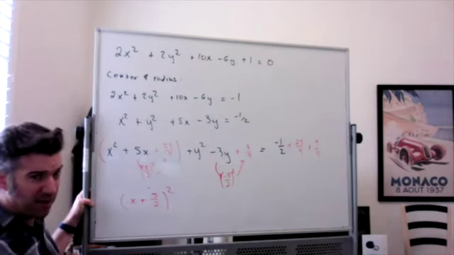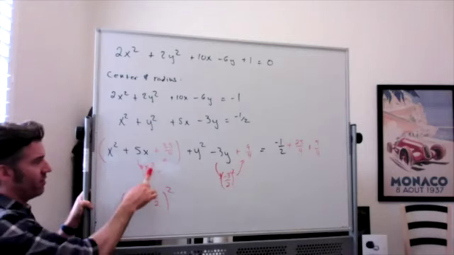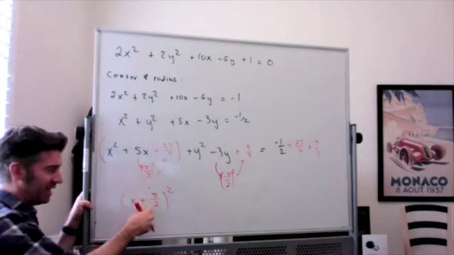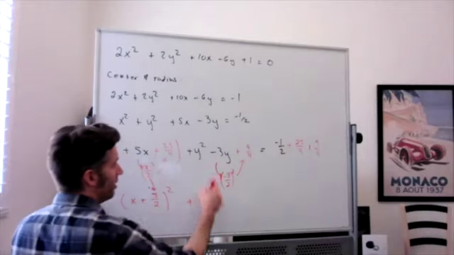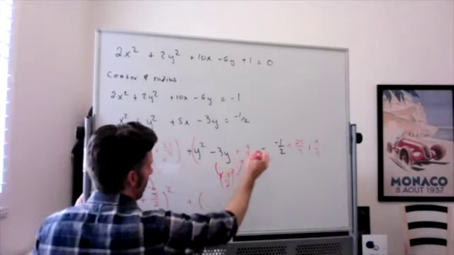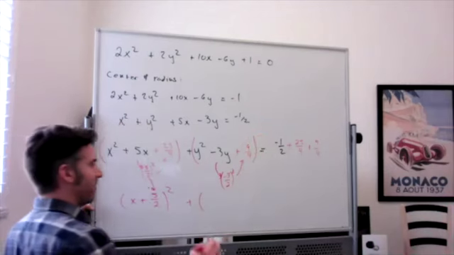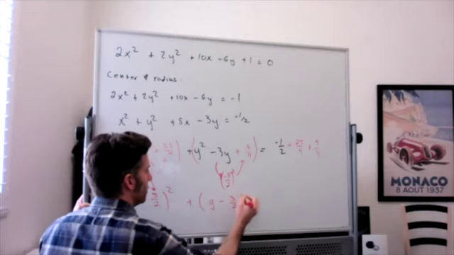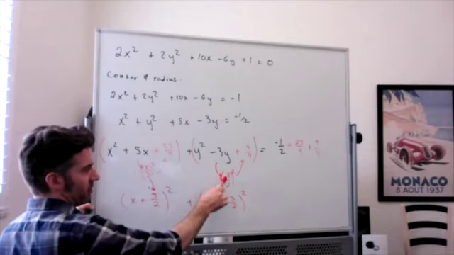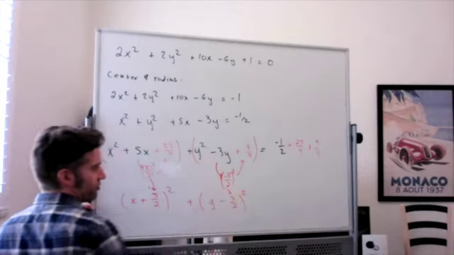You don't have to think about that because you can always just say whatever this number here is, this 5/2, that's what's going to go right there. Similarly, this y squared minus 3y plus 9/4 is going to factor as y minus 3/2 squared, which is why it's important to think about what the sign is there.